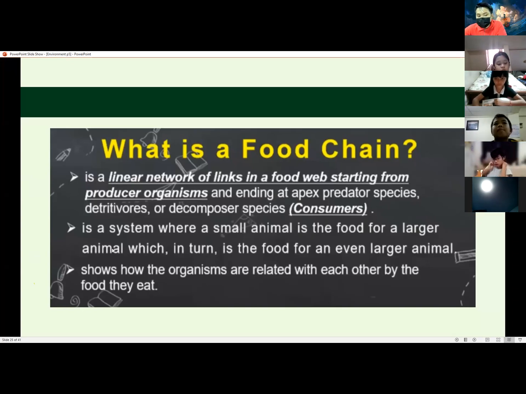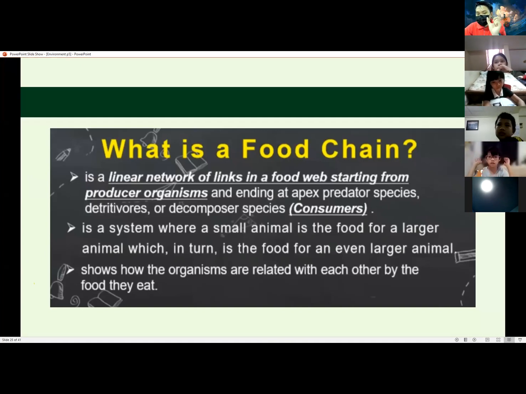It is a system where a small animal is the food for a larger animal, which in turn is the food for an even larger animal. Like the grass is eaten by the grasshopper. The grasshopper is small, right?